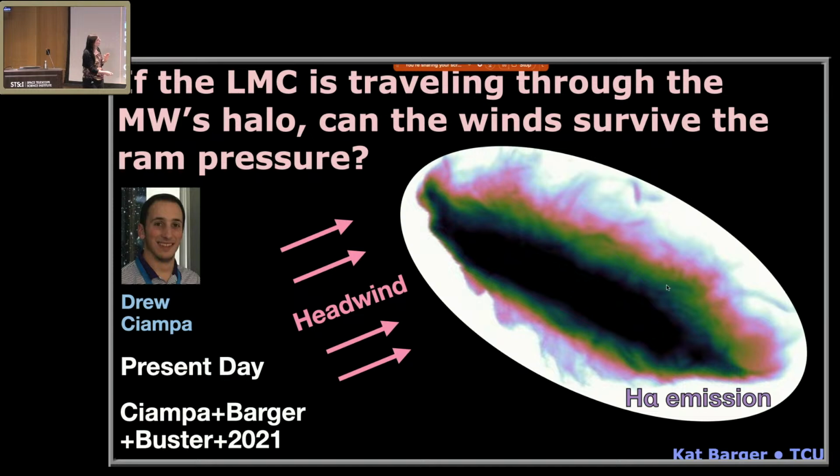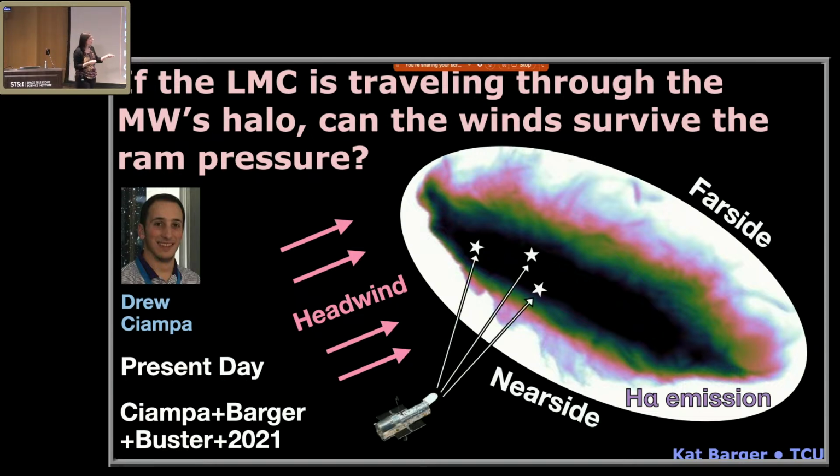This part over here would be just fine because it would be on the backside, opposing the ram pressure. That's what we thought back then, but since then there have been a few new ideas. This is the part that we'd be sensitive to with Ulysses.